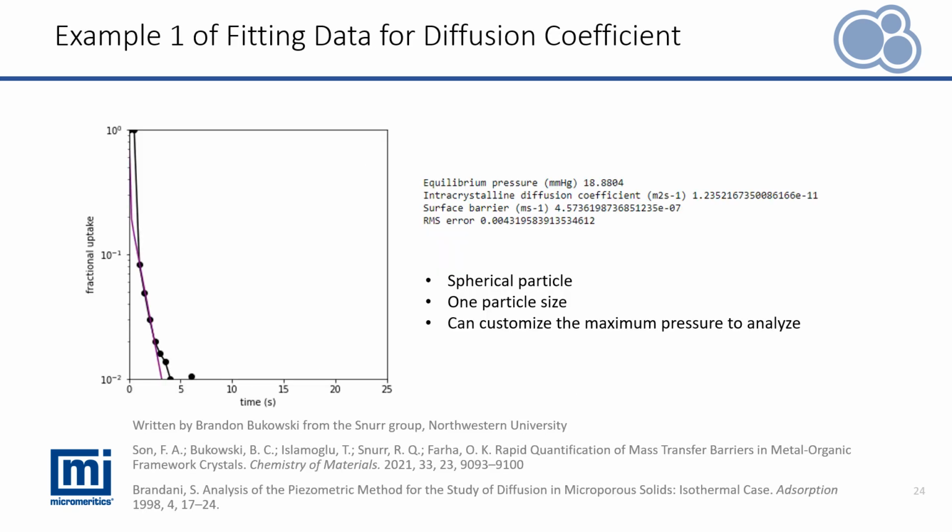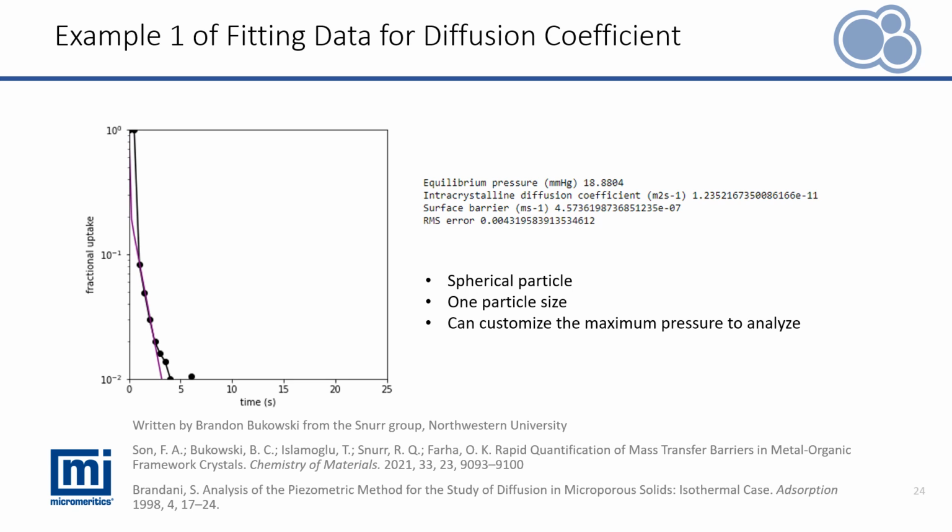Here is an example of fitting the data according to the Brandani solution of Fick's second law. Sun et al. from Northwestern University reported a detailed work of obtaining the transient data from the 3-Flex and published a Python script for the fitting.